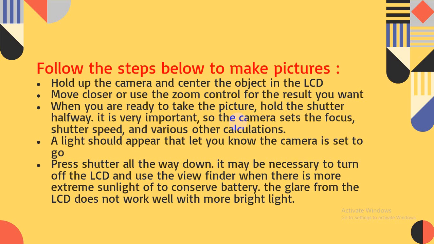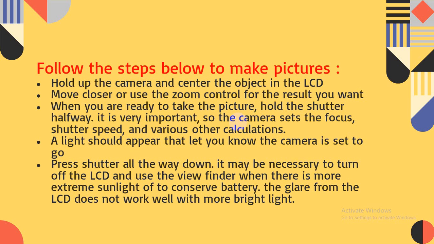When you are ready to take the picture, hold the shutter halfway. It is very important so the camera sets the focus, shutter speed, and various other calculations. Next, a light should appear that lets you know the camera is set to go.